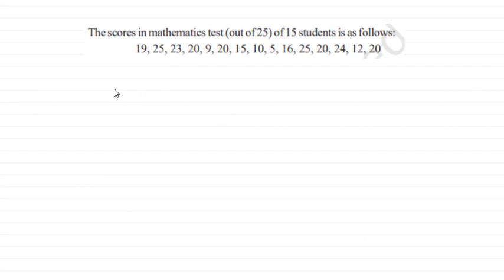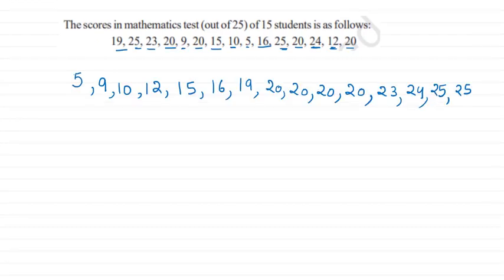So here I've taken a question. The scores in a mathematics test out of 25 of 15 students are as follows. You can see these are the marks of the students in mathematics. First I'll arrange it in increasing order. So I can see that 5 is the lowest, and I will find out the range first.